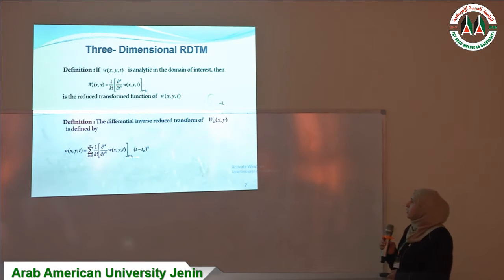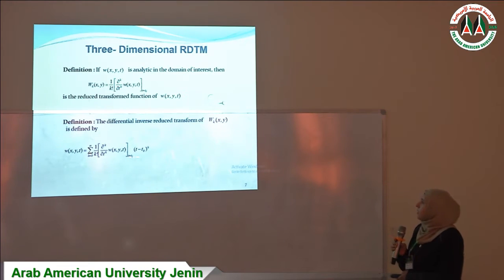Three-dimensional reduced differential transform method. This definition gives us the idea of RDTM. If we have any analytic function of three variables, then we can find the reduced transform function by finding the kth partial derivative of it.